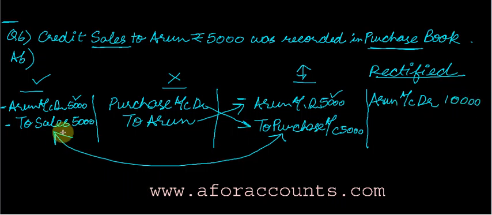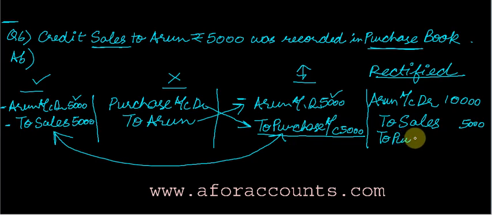Now what has to be credited? Sales remains here, credited to sales by 5000, and here to purchase, 5000. So this is my sixth entry.